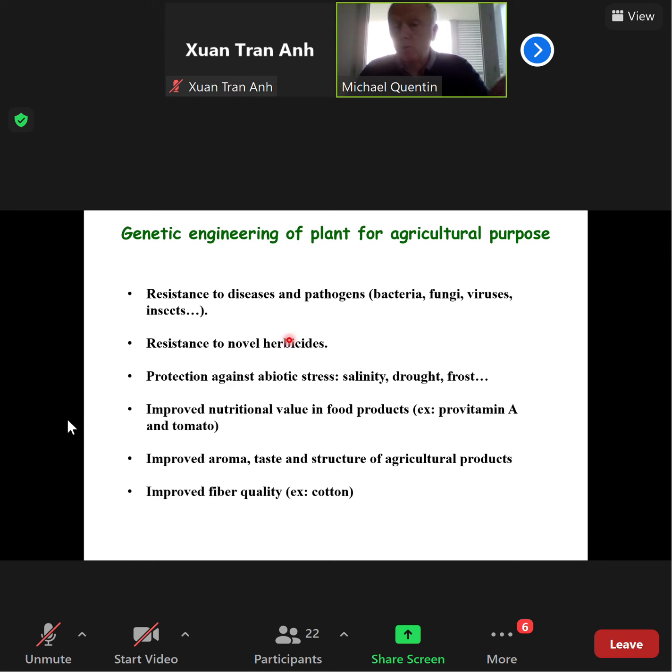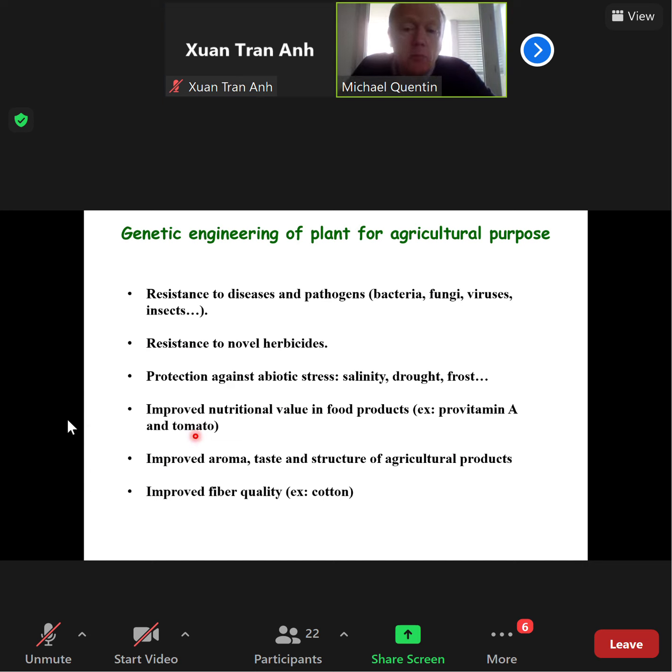And of course, other transgenic plants have been produced that are more resistant to abiotic stress. For example, more resistant to salt stress, more resistant to drought, more resistant to frost. This has also been used to improve plants.